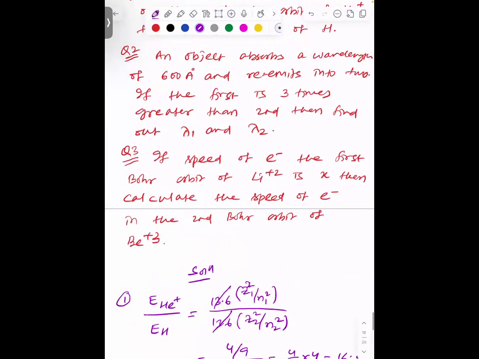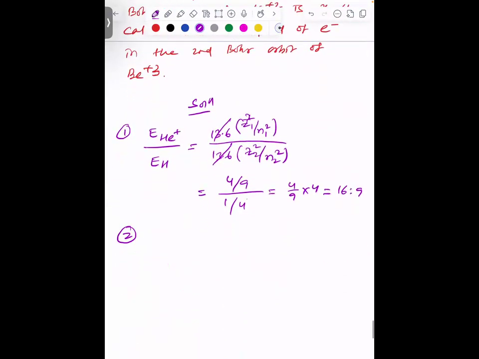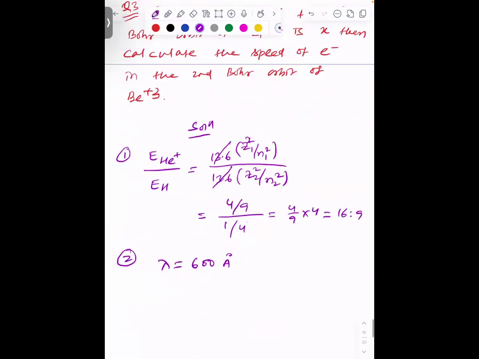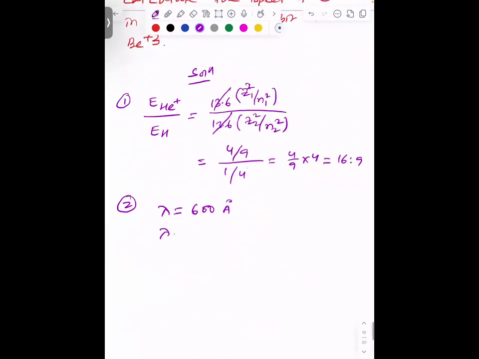An object absorbs a wavelength of 600 angstrom. So lambda is 600 angstrom and it re-emits into 2. The first is 3 times greater than the second. Lambda 1 is 3 into lambda 2.